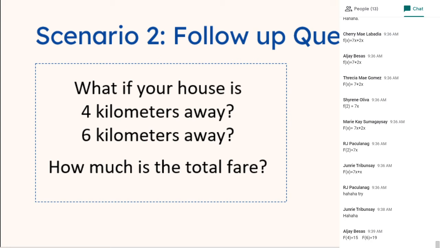I can see may answer na this si Shireen. M of 2 equals 24. How about M of 7? Sige, go, kaya na. Shireen Oliva, M of 2 is 24 and M of 7 equals 70.